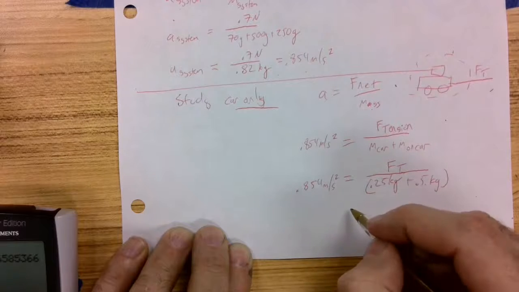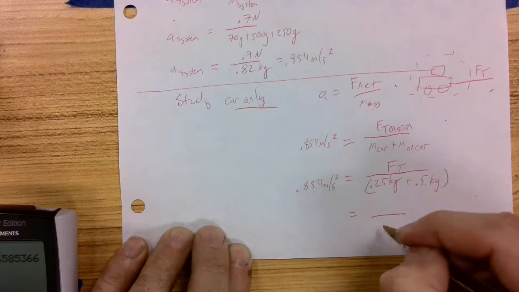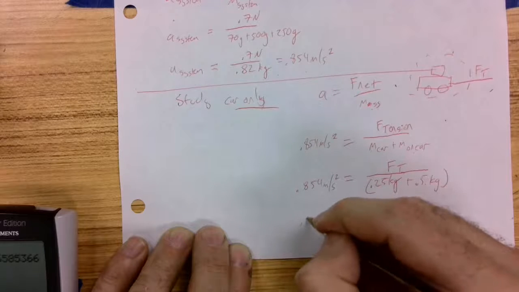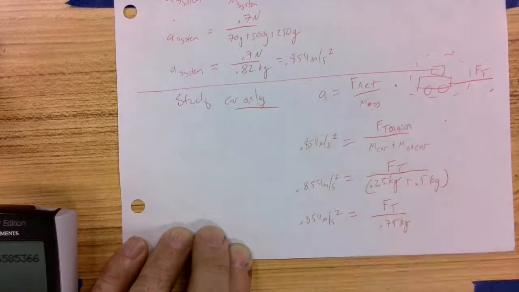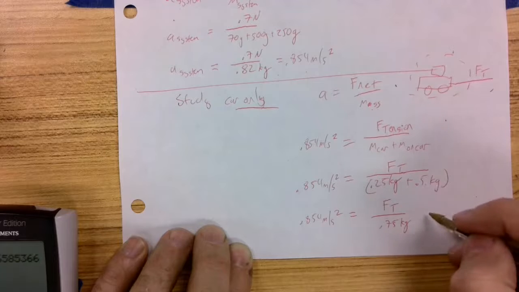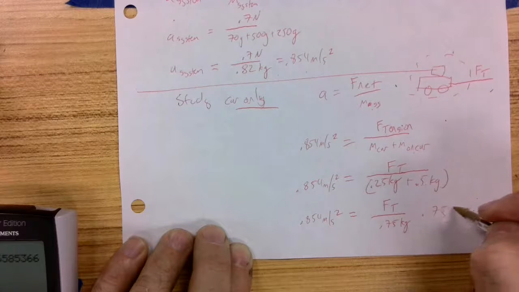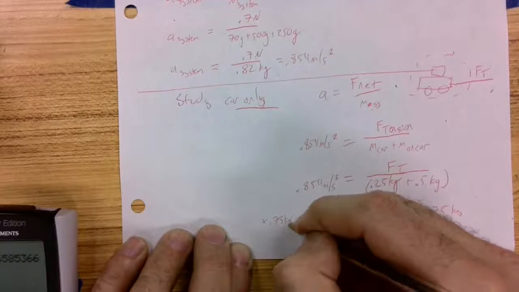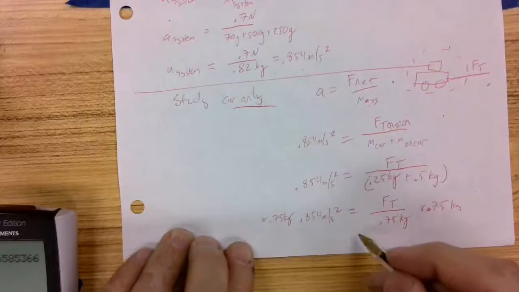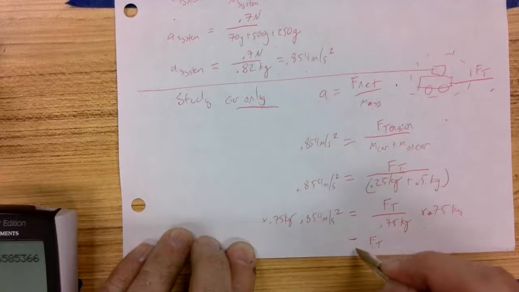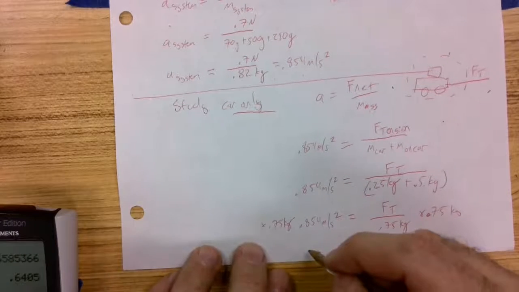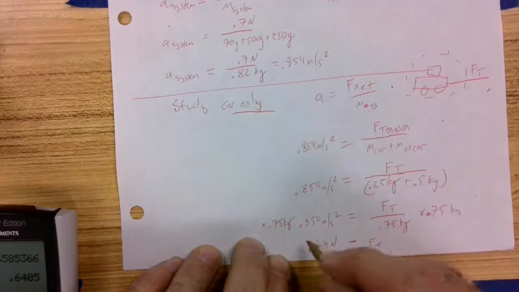So these two add up to 0.75 kilograms. Tension force is the unknown. Multiply both sides by 0.75 kilograms. And so I'm going to find the tension force. And I'm getting a tension force of 0.64 newtons.